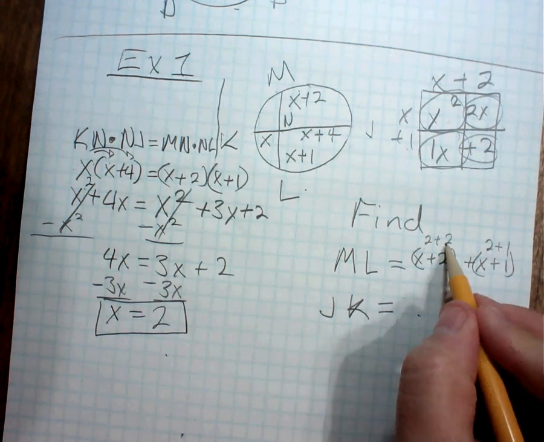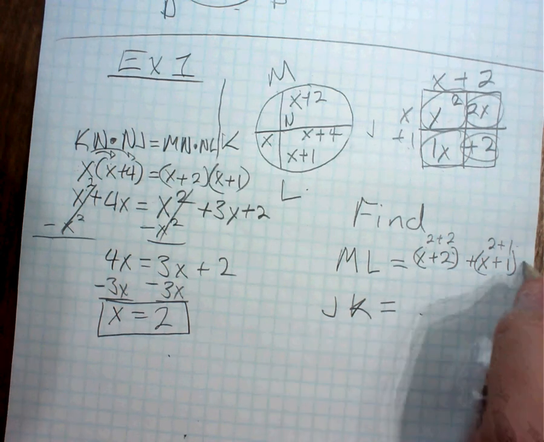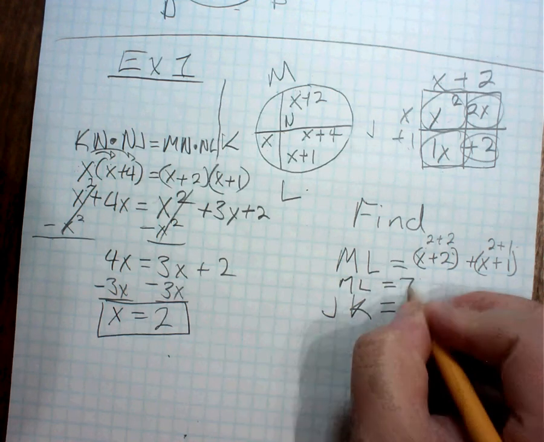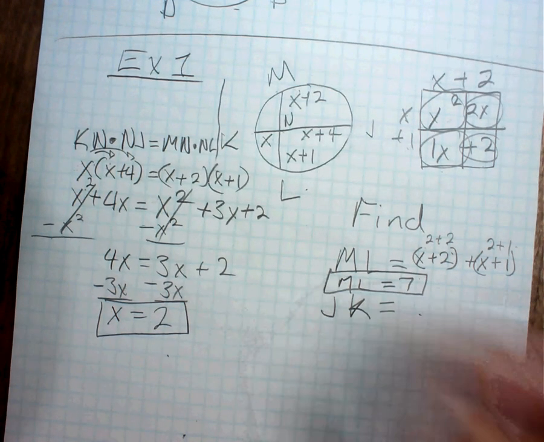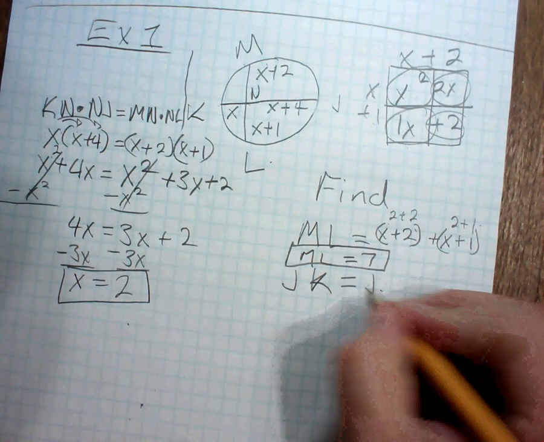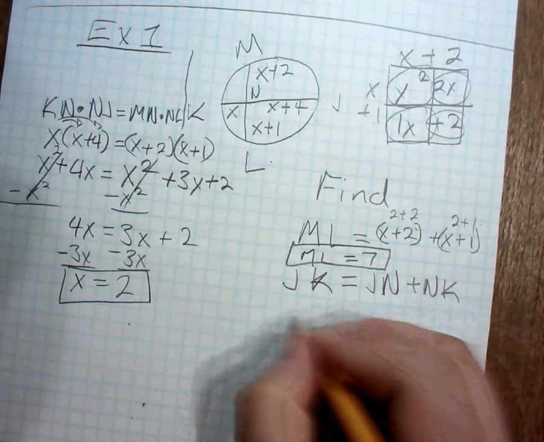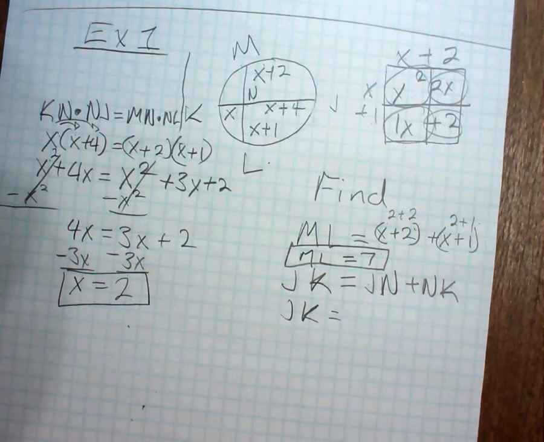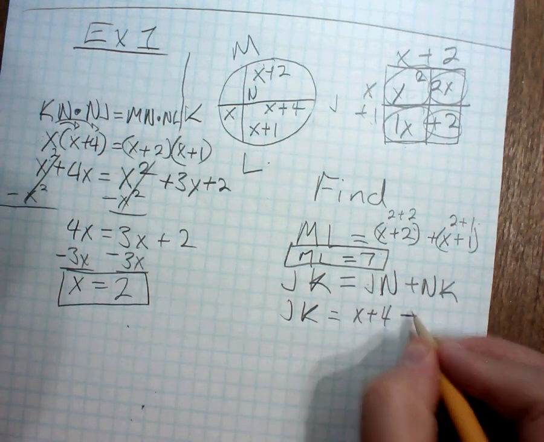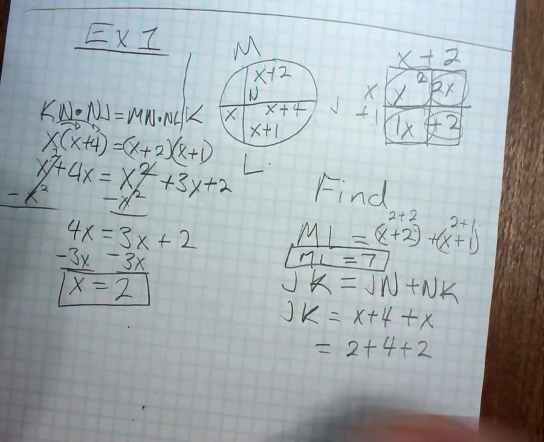So 2 plus 2 is 4, plus 2 plus 1 is 3, so the whole thing is equal to 7. JK is just going to be JN plus NK. So JK equals JN, which is going to be x plus 4 plus x, or 2 plus 4 plus 2, which is 8.